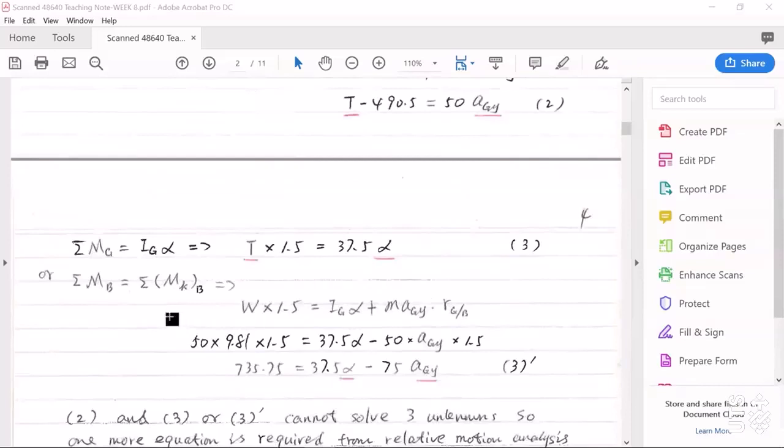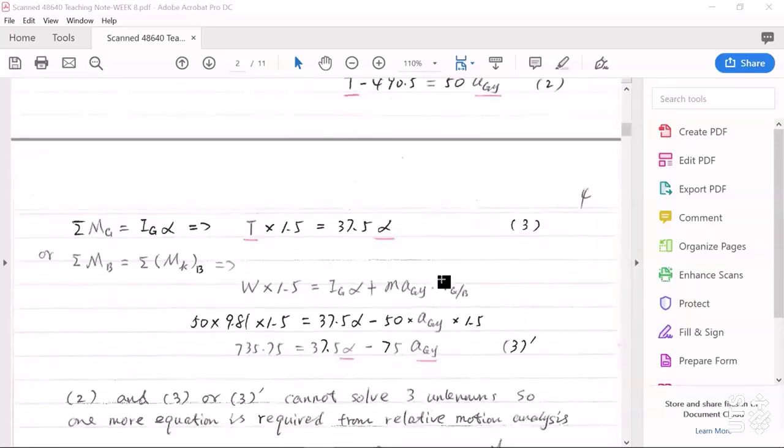Whatever, if you put equation 2 and equation 3 together, or equation 2 and equation 3 prime together, you will find you only have 2 useful equations, but 3 unknown parameters, alpha, AGY, and T. So we cannot solve these at this moment.